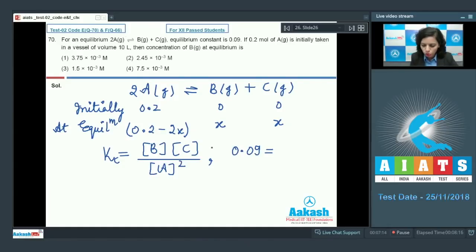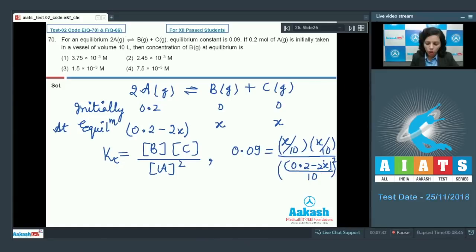It would be equal to the molar concentration of B, which is the moles of B, X, divided by the volume. Similarly, X divided by the volume for C also. And further, we have the moles of A, that is 0.2 minus 2x divided by 10, and ultimately there is the whole square.